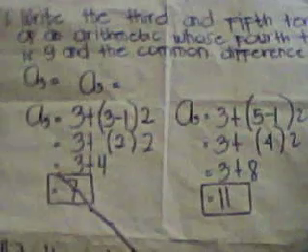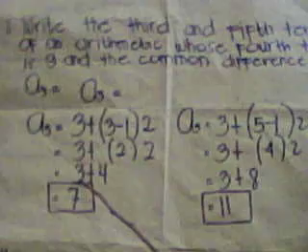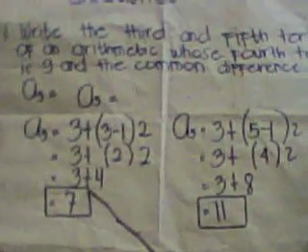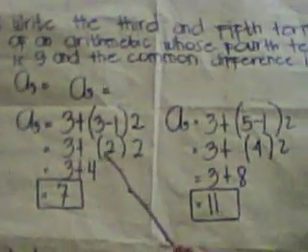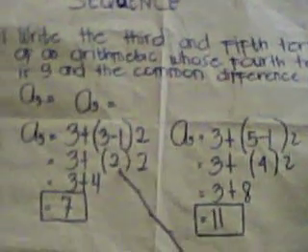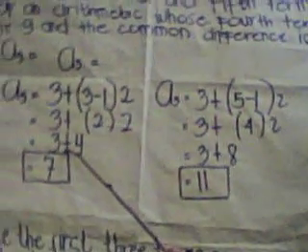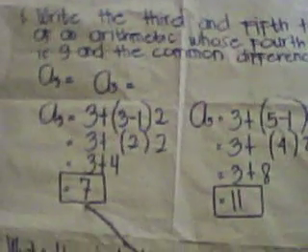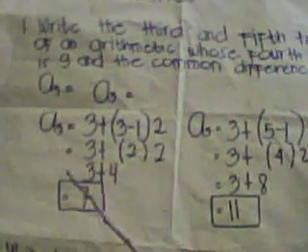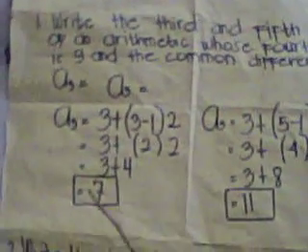Then 2 times 2 is equal to 4. We follow the sign, which is positive, so it is added, and 3 plus 4 is equal to 7. This is the third term. A sub 3 is equal to 7.